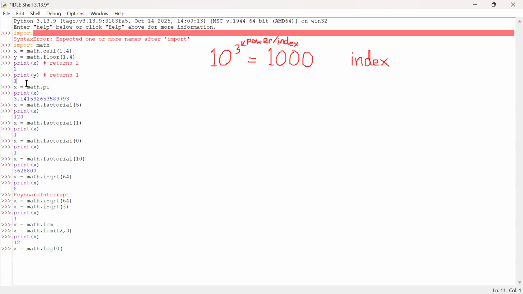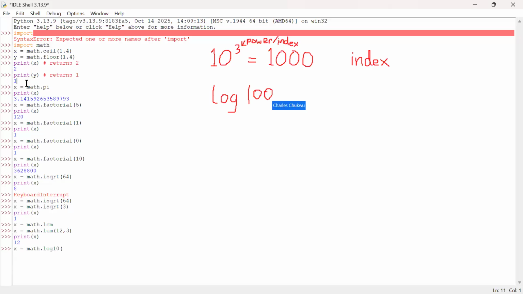Now, see what I'm going to write. The name log, L-O-G, is short for logarithm. See how I'm going to write this thing that we just wrote using logarithm. I'm going to say the log or power of 1,000. Now I know you're wondering, but I thought the power is on 10.